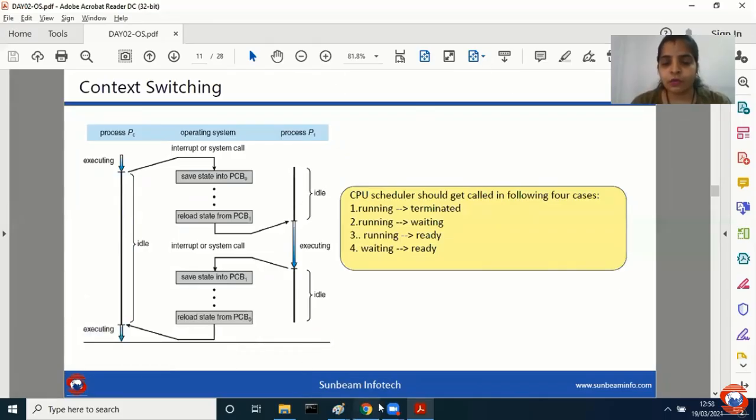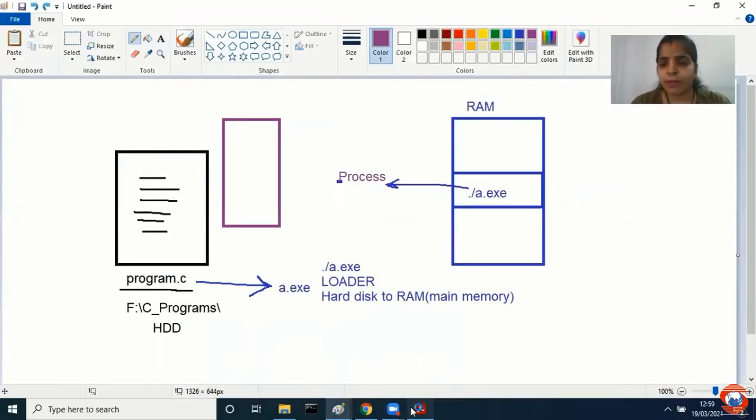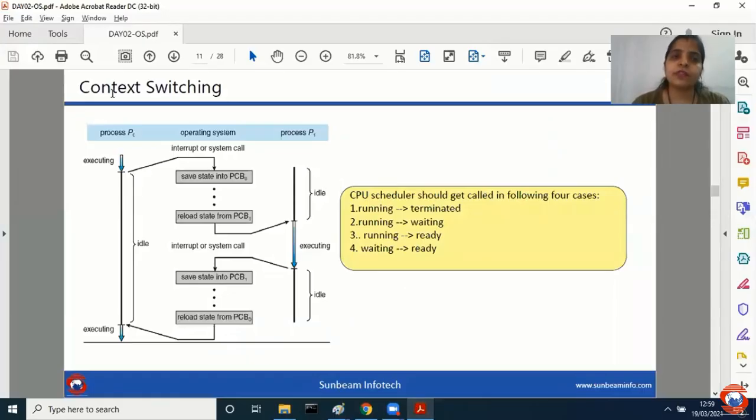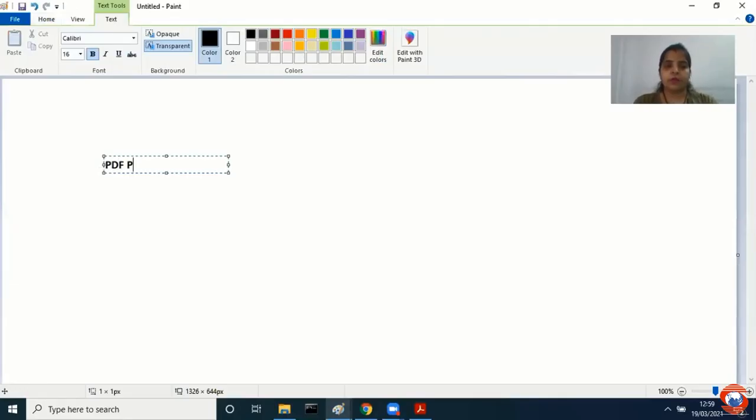Now, if you have ever observed, let us say I'm on the 11th slide and I minimize it and go to Paint. When I maximize it, did it take me to the first slide? No. The reason is, let us assume my PDF is process 1 and maybe my Paint is process 2.